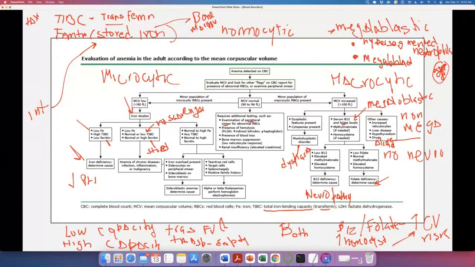That happens in anemia of chronic disease, infection, inflammation, or cancer. Remember, the inflammatory cytokines, when they are released, are going to stop the movement of iron. So all the iron that is available is going to be placed in store, and it's not going to be moved from any place to any place. So the bone marrow doesn't get iron to make blood cells.